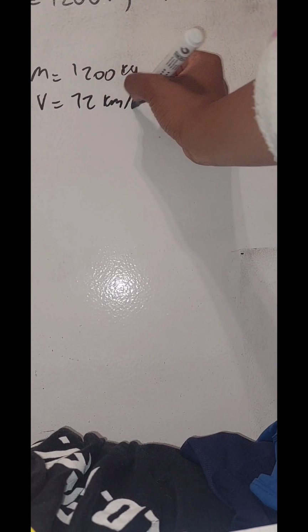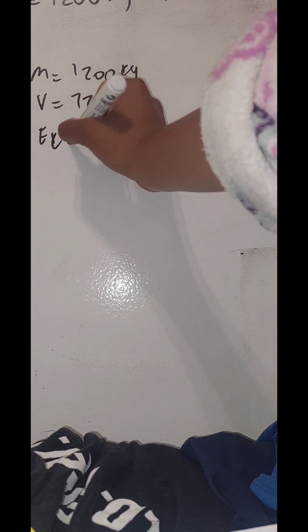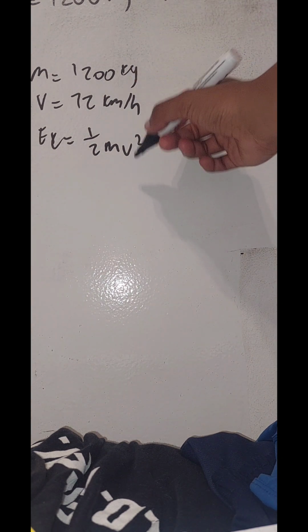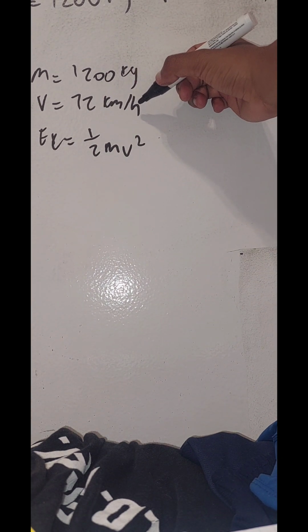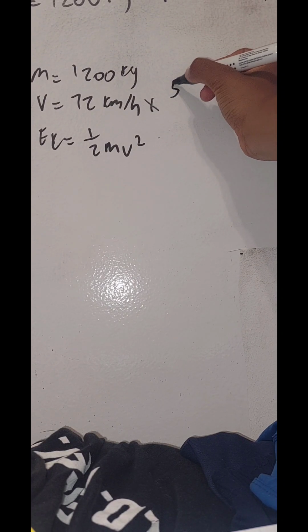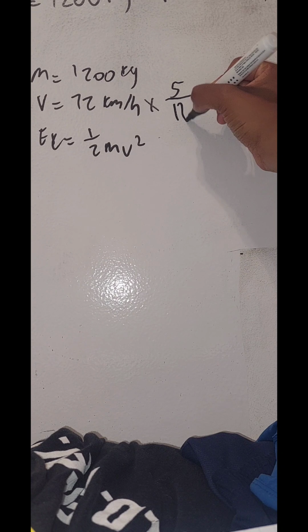The mass of 1,200 kg, velocity of 72 kilometers per hour, and they wanted us to calculate for kinetic energy, which this is the formula. We have everything we need, but this is not in meters per second. So to convert it, as I told you from the dynamics, multiply it by 5 over 18.